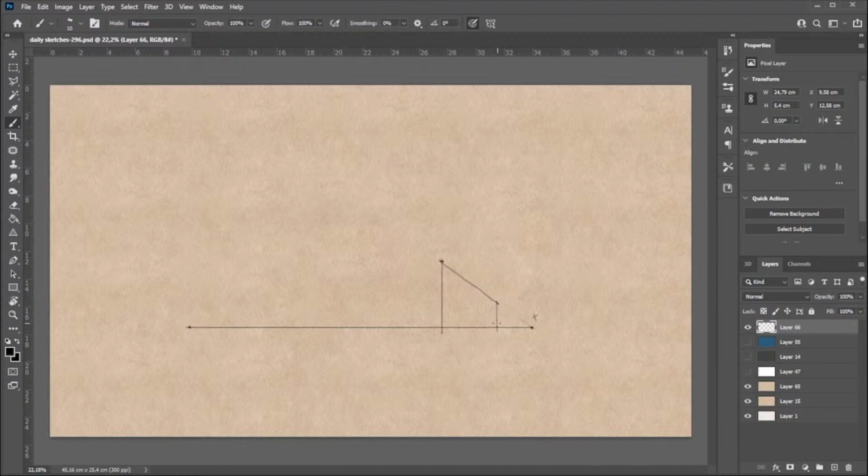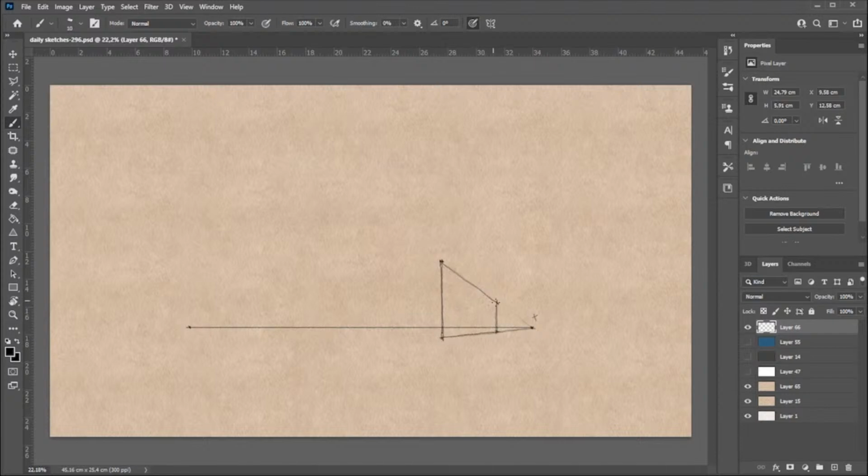This is parallel with the vertical lines, and again here I can draw another line parallel with x direction.